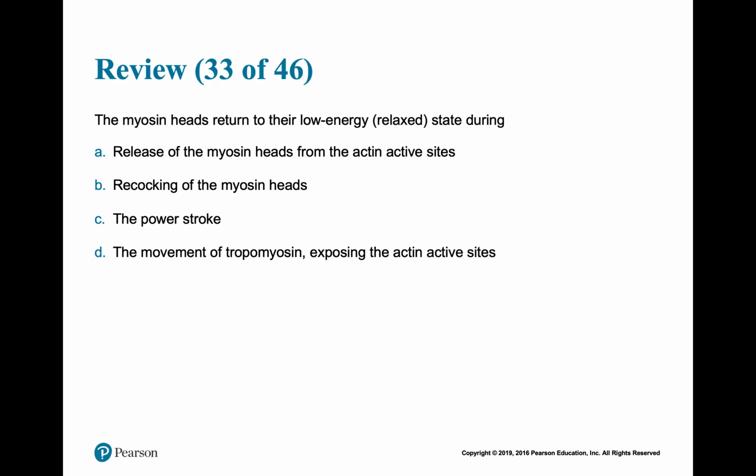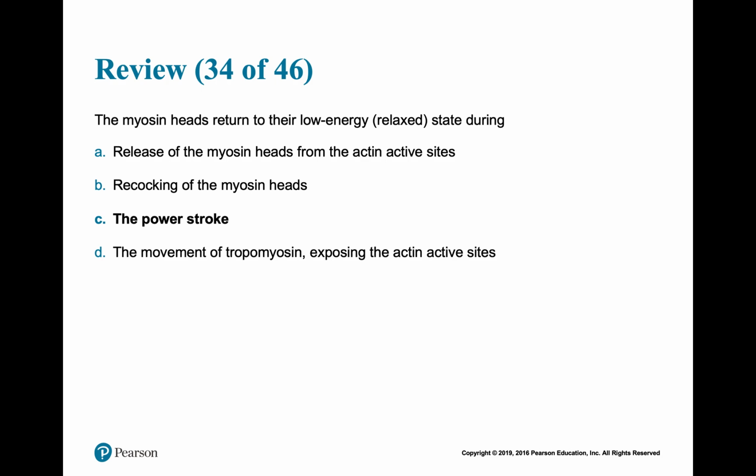The myosin heads return to their low energy, relaxed state during the power stroke. I probably wouldn't ask something like this, but think about it this way. When the power stroke happens, ADP and P are released, and that energy is also released. I said that multiple times, right?